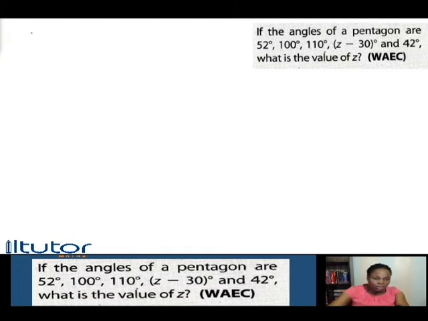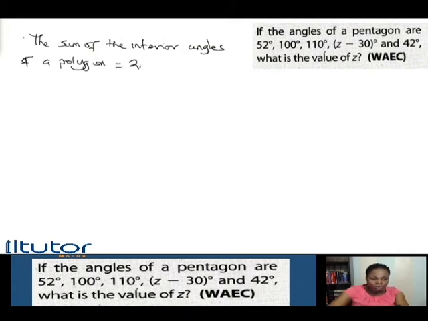And the sum of the interior angles of a polygon, of which a pentagon is one, is given as 2n minus 4 right angles, that's times 90 degrees.